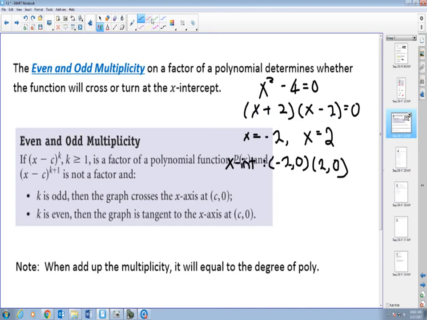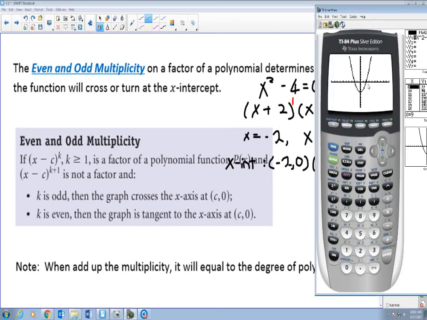If you look at the exponent on my two factors, both of them are 1, which is odd. That means my graph will cross over the x-axis at these two numbers, negative 2, 0 and positive 2, 0, just like what you see here.